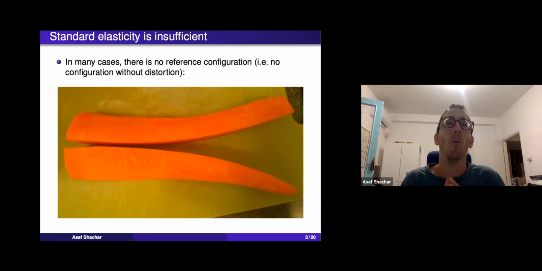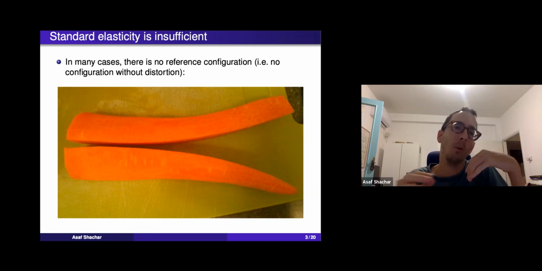This deformation means that the carrot wasn't entirely happy before. Before we cut it, it had some internal stress, and after we cut it, it used the additional degree of freedom it now has to release energy.